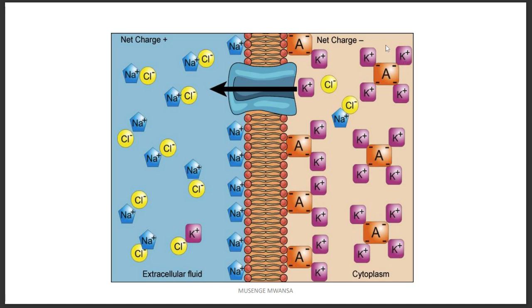Let's say this is a cell and this one, so the liquid between cells. The interstitial fluid can also be transcellular. That is simply the fluid found within body cavities, which fills up spaces.